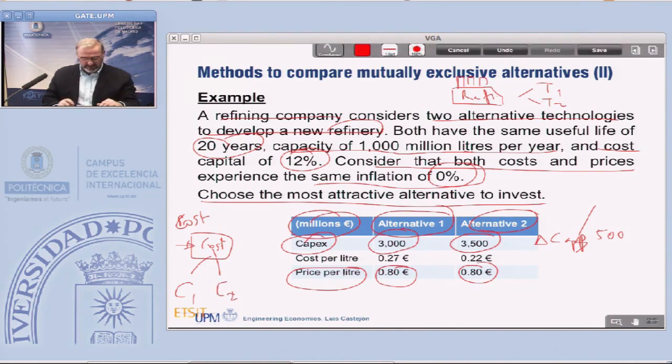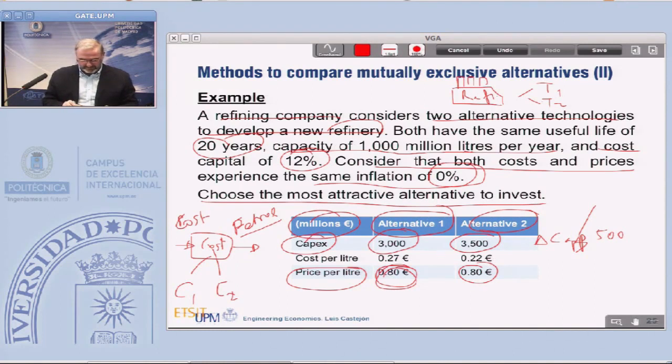So one of the technologies has a production cost advantage. The output will be the same for both, which is petrol, and the petrol price will be the same for both, for use in cars. The price is 80 euros in both cases.